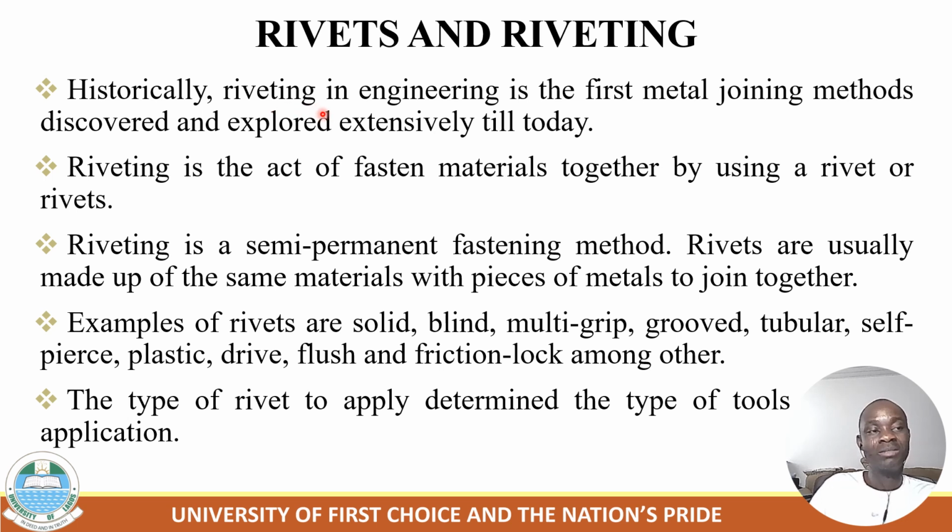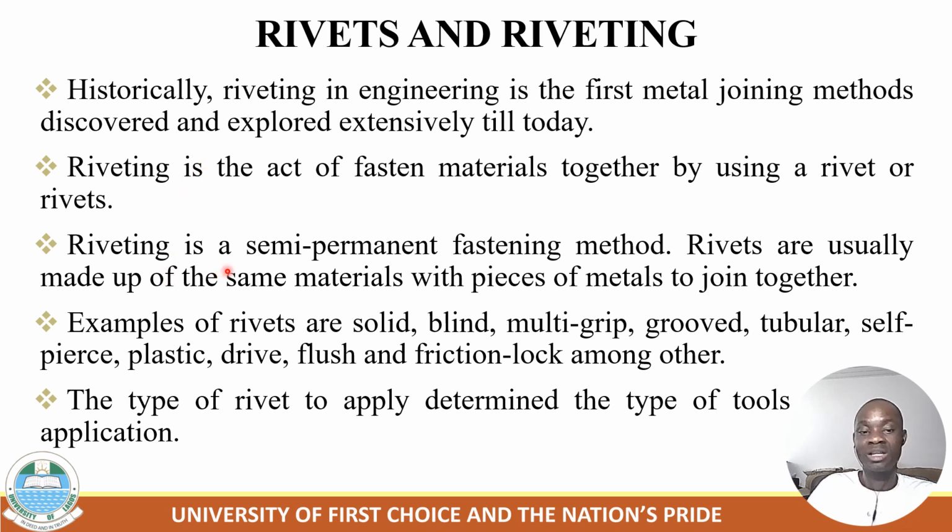The majority of components made up of sheet metal are joined together with riveting. Riveting is the art of fastening materials together by using a rivet. The determinant of riveting is the rivet, just like the solder is the determinant of soldering.